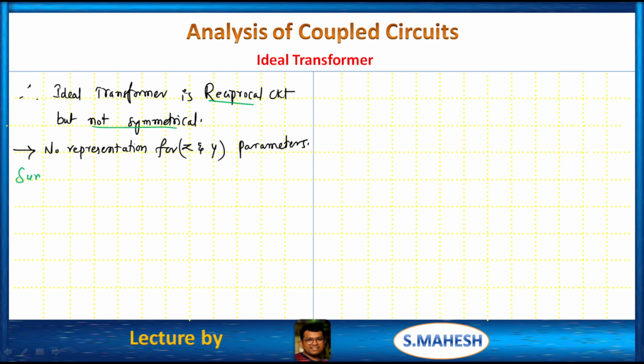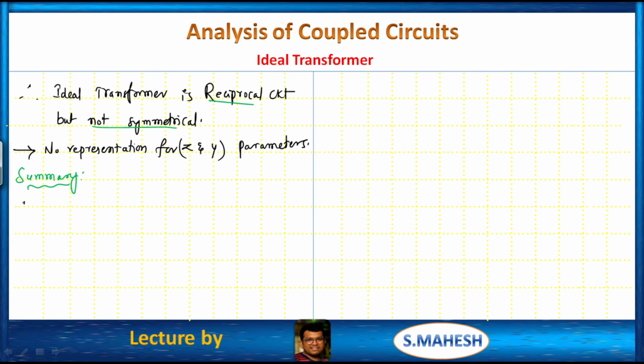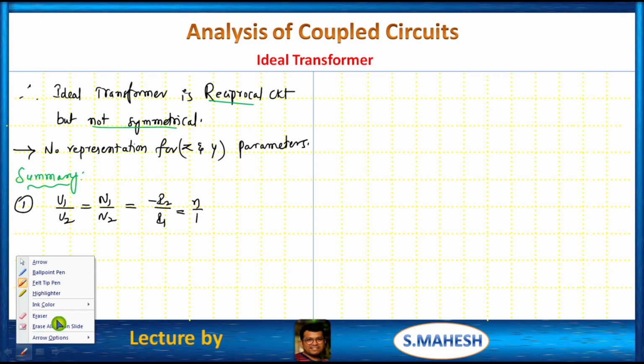Now we have the summary. Very, very important summary. First point: V1 by V2 equals N1 by N2 equals minus I2 by I1, which equals N by 1, right?